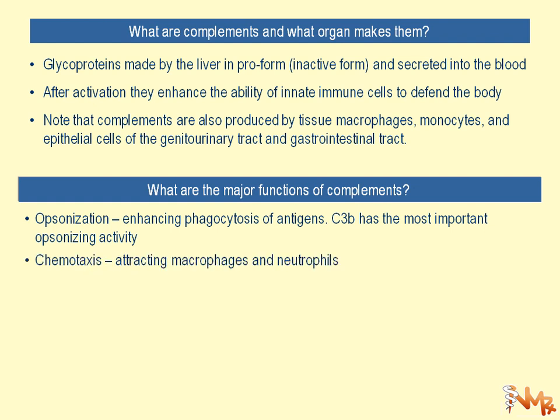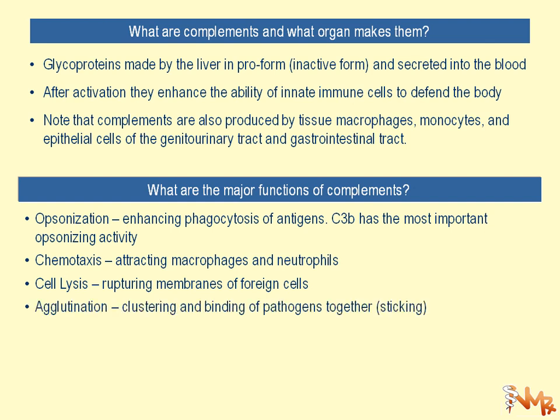Chemotaxis: complements attract the macrophages and neutrophils to the site of action, to where the bacteria is located. They cause cell lysis because they cause rupture of the membranes of foreign cells. We're going to be talking about the MAC complex shortly. They cause agglutination: they cluster and bind together pathogens.